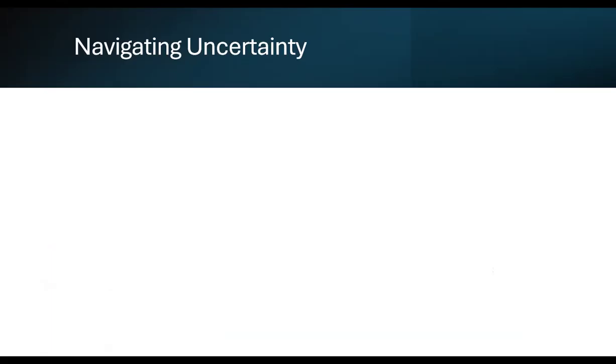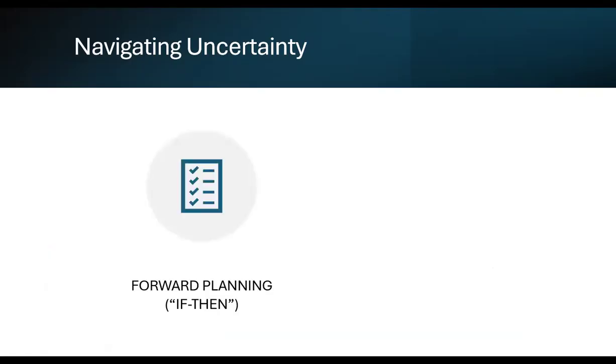So experienced clinicians navigate uncertainty with two core processes when it comes to the intrinsic uncertainty that's irreducible. The first thing we often do is forward plan. And in this situation, we utilize if-then thinking. We simulate how something might evolve based on our knowledge and prior experience and think of contingency plans to put in place. So, for example, if this happens, then we'll respond in this way.